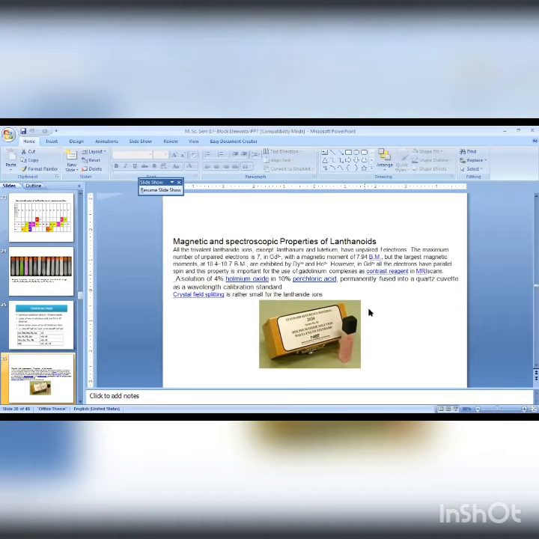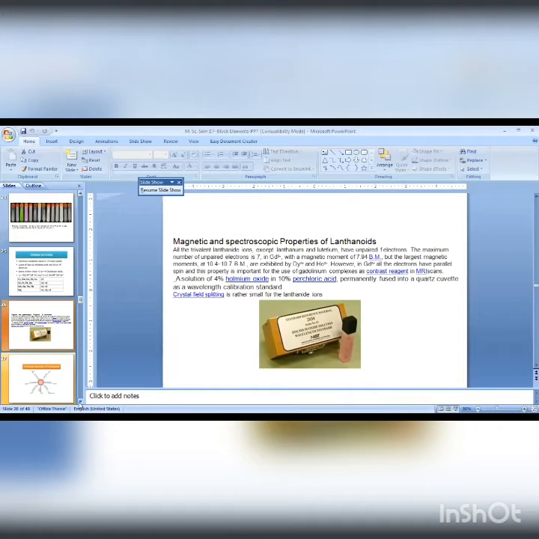MRI is nothing but a magnetic resonance imaging technique where these lanthanides play a very important role, particularly holmium oxide. A cuvette made up of holmium oxide, about 4%, and 10% of perchloric acid is added. This is added in a quartz crystal so as to calibrate this MRI machine. So, this holmium plays a very important role in MRI techniques.